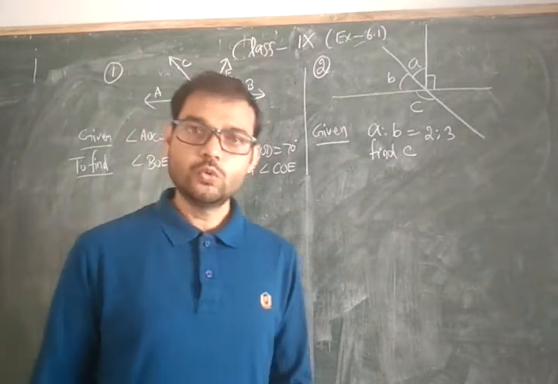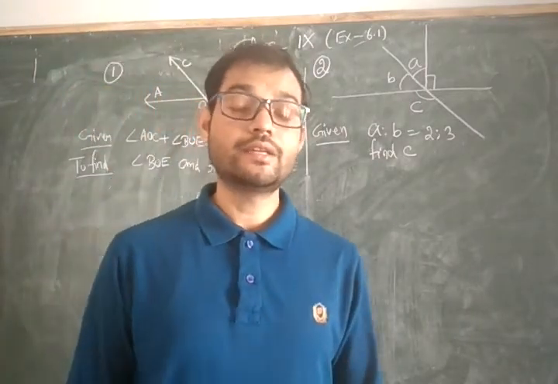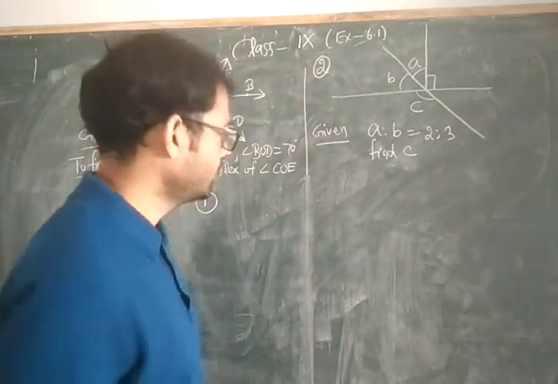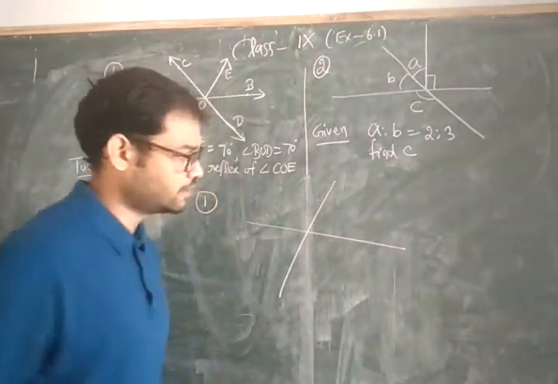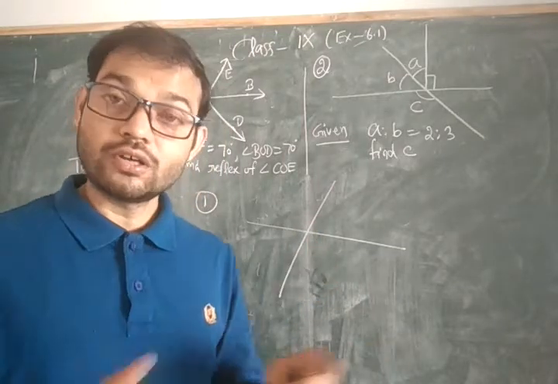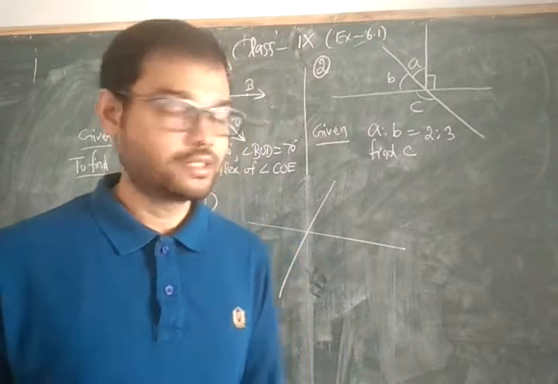First of all, you are given two lines and they are intersecting each other, but they should be crossed. Like if one line is this one and the other line is this one, you can see that both lines are crossing each other. Both lines must cross.